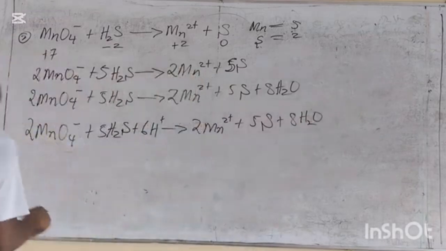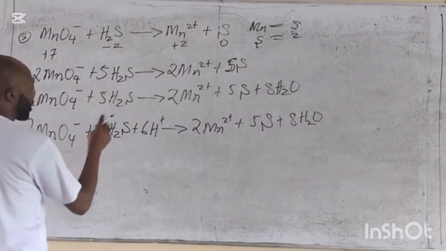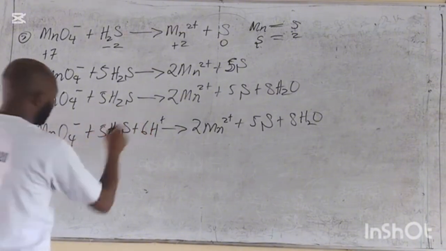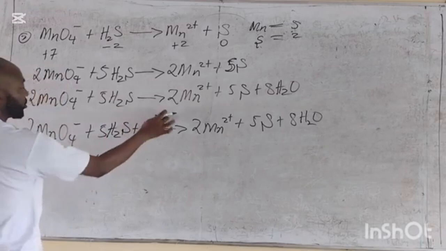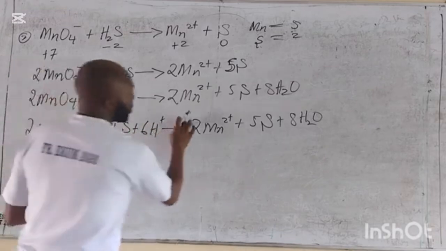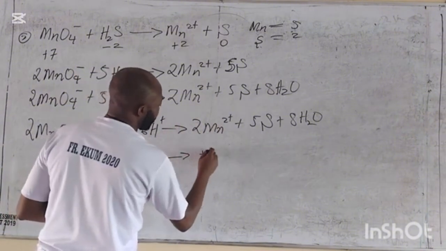Let's see, 2 times minus 1 is minus 2. This one has no charge, so it's 0. This is plus 6. 6 times 1, we're balancing the charges. 2 times 2 is 4, so plus 4.